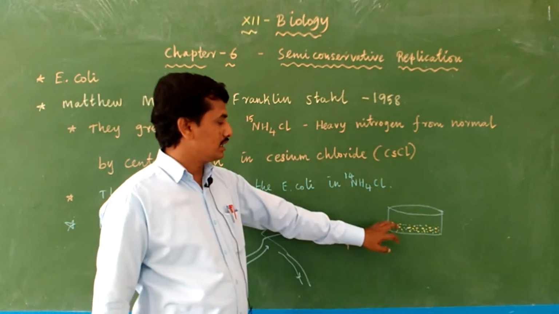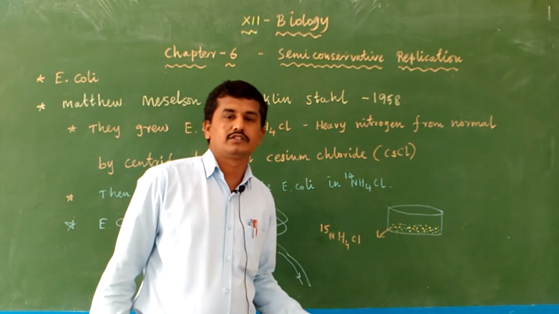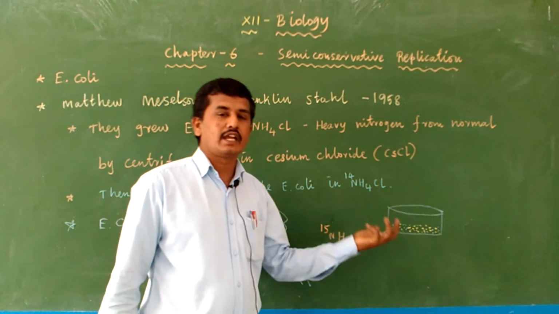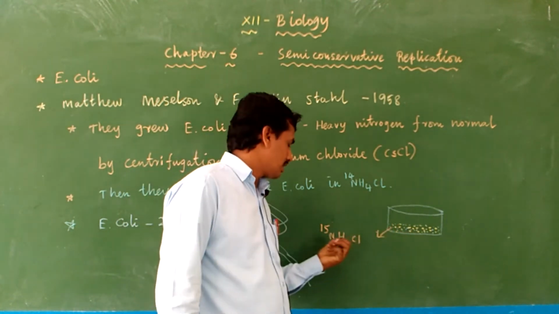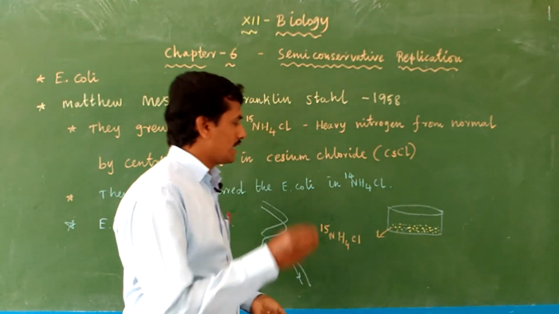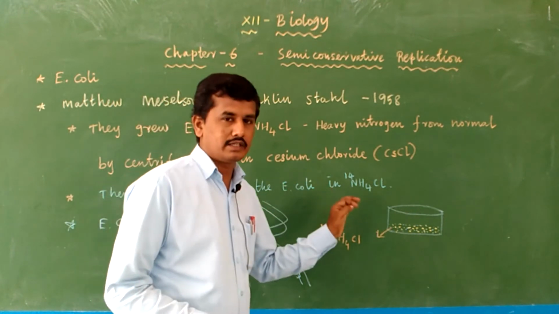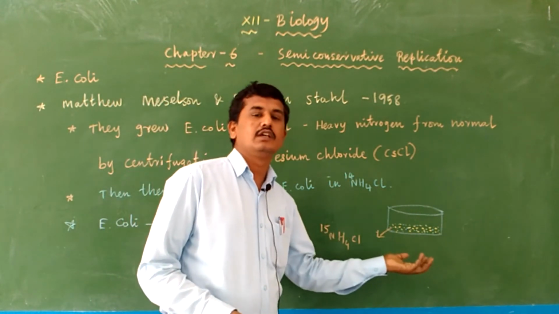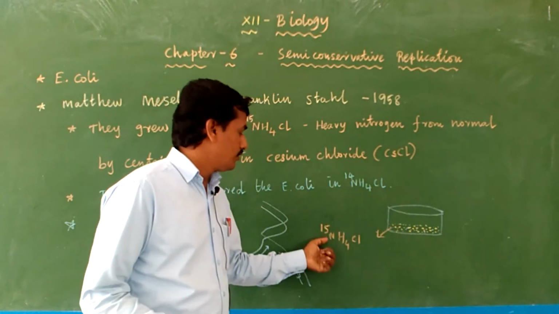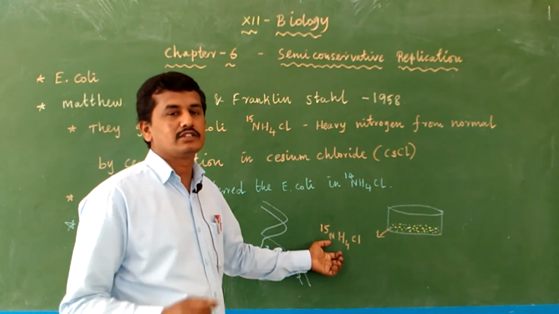So the DNA is formed in the E. coli bacterium during replication, and the DNA contains nitrogen bases. Here the nitrogen bases contain N15 nitrogen. After adding ammonium chloride, through several generations, all the bacterial DNA contains nitrogen 15 in its nitrogen bases.